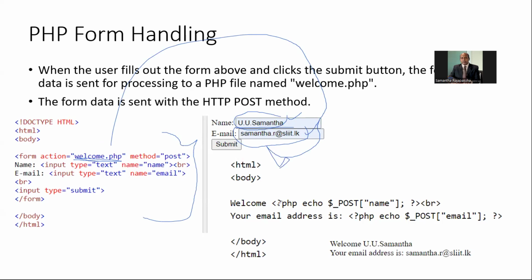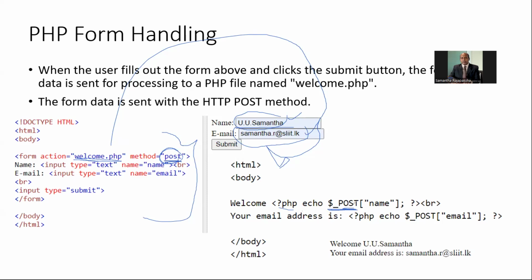So here I just write the PHP, and this is how you get the value: $_POST, because I'm using the post method here. Since I'm using the post method, you have to write $_POST. In case I use the get method, use the word get here.